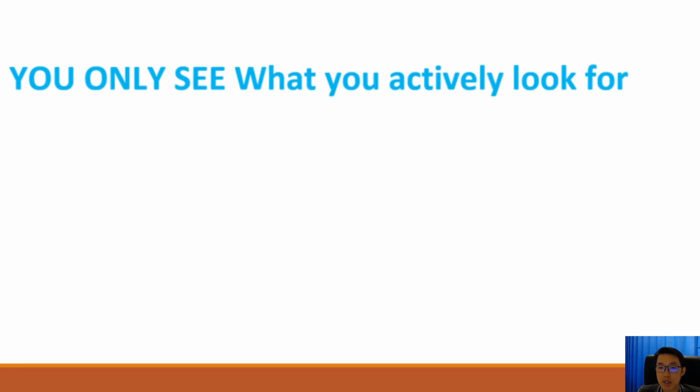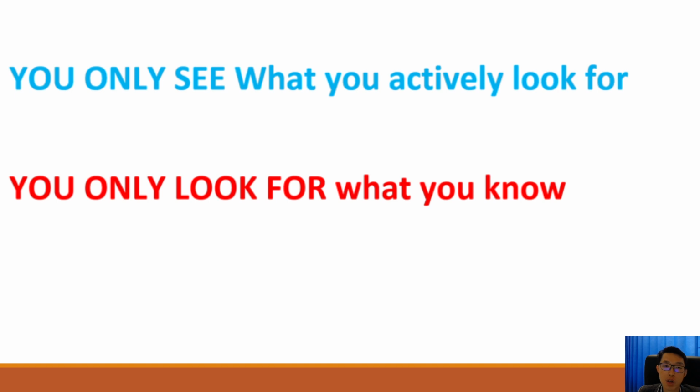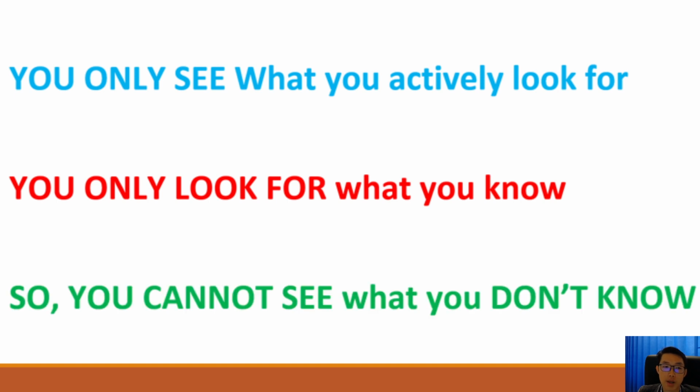This is the message that I want the viewer to take home as well. You only see what you actively look for. You only look for what you know. So you cannot see what you don't know. So it is very important that any medical practitioner or medical student should have in mind already the different organs that may be causing upper abdominal pain, so that he can go through the list of the different organs as well as the different processes that can affect the different organs.